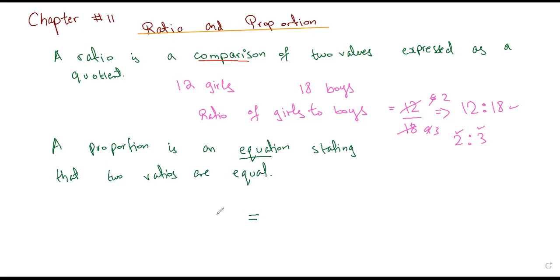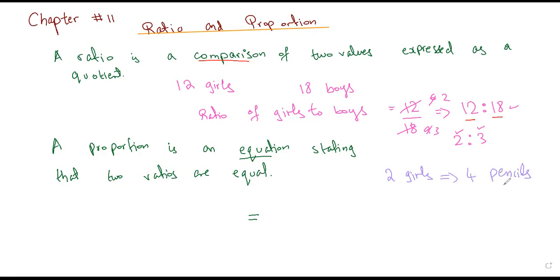For example, if we know that there's a class of 30 students, out of which 12 are girls and 18 are boys. And other than this, if we say that each student carries two pencils, for example, okay? If each student carries two pencils, then we have been told that if we talk about girls, so two girls would have four pencils.